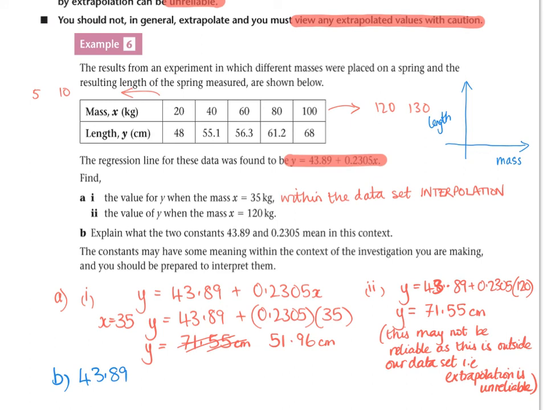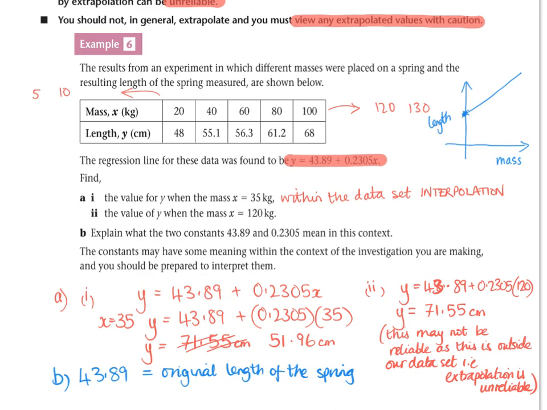So what we've got here is a regression line that looks something like that. So if we put that onto a graph, we can actually see that 43.89 is equal to the original length of the spring. Hope that makes sense there.